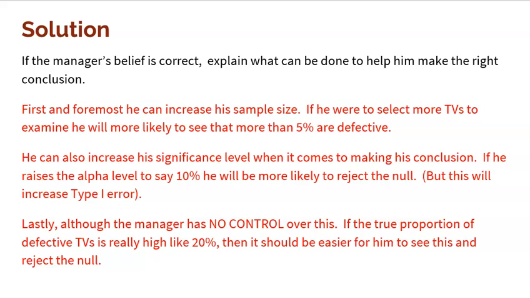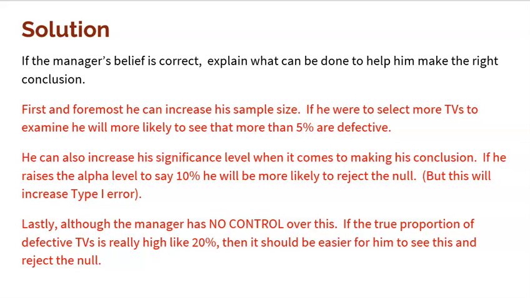Lastly, although what I'm about to mention the manager has no control over, is if the true proportion of TVs that are defective is really high, like 20%, then it should be easier for him to see this and reject the null. Again, if the truth is something way above 5%, then you're going to see it. A sample should show you that.